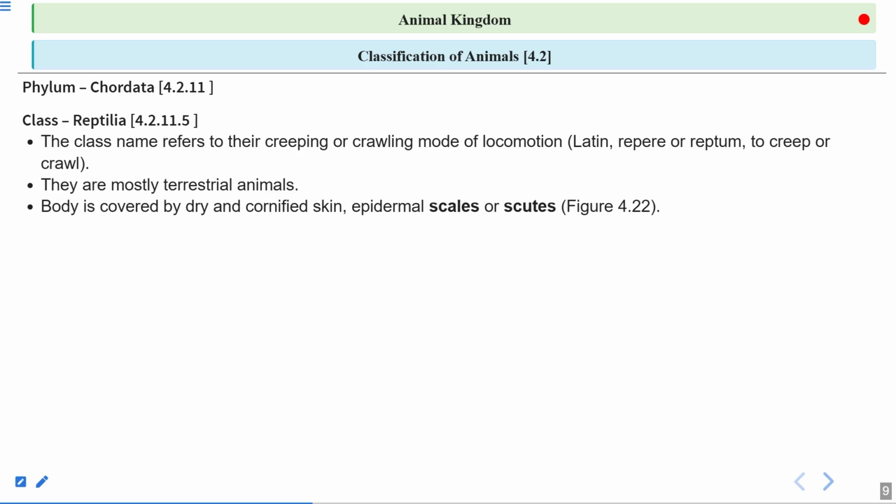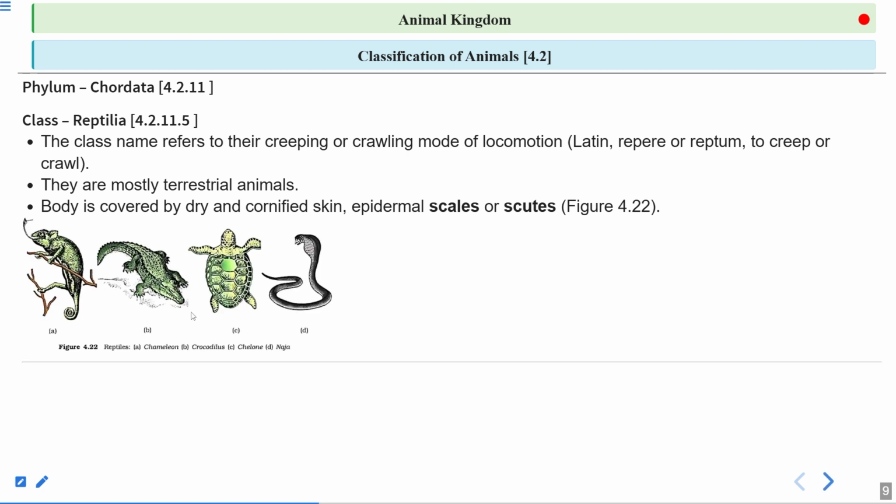So they mostly live on land, their body is dry, and they have cornified skin. Epidermis is made up of scales or scutes.